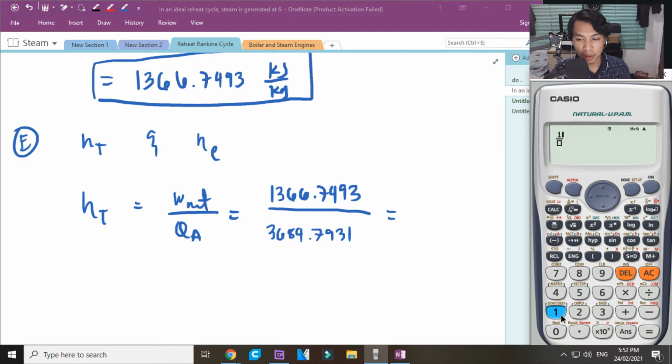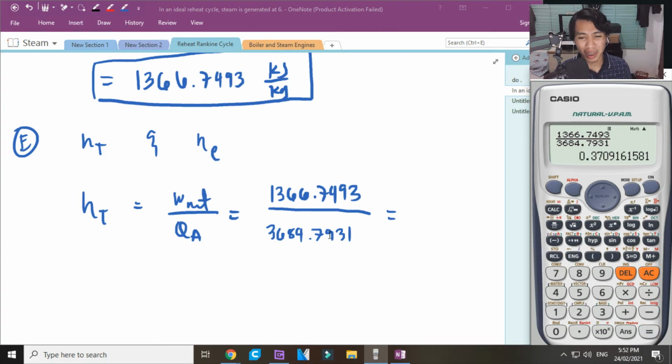Dapat ganun. Kapag nag-rate ka, abot na nasa 40%. 74.73. Tapos 3684.7931.